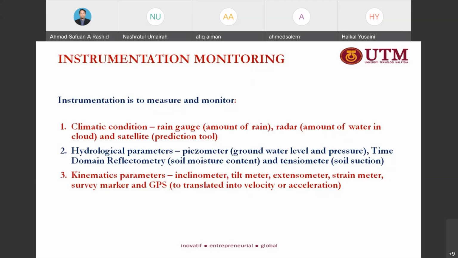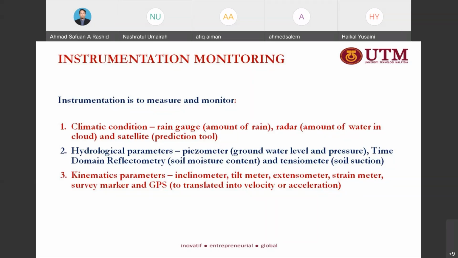Okay. But in terms of quantitative, for the cheapest part, by using the common rain gauge method.